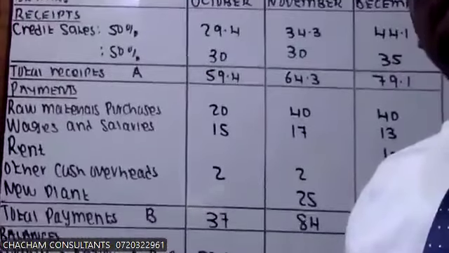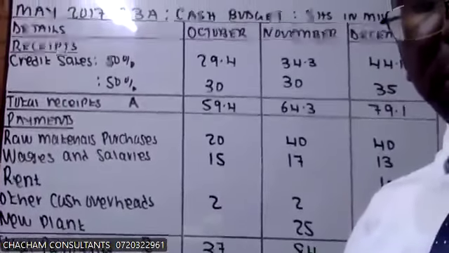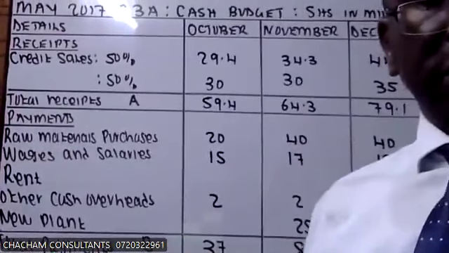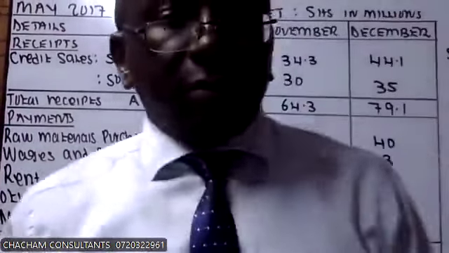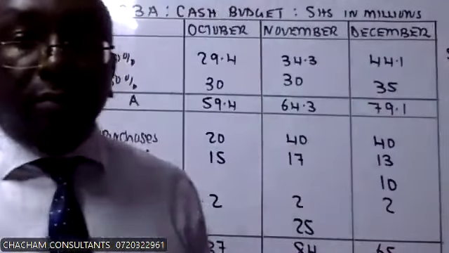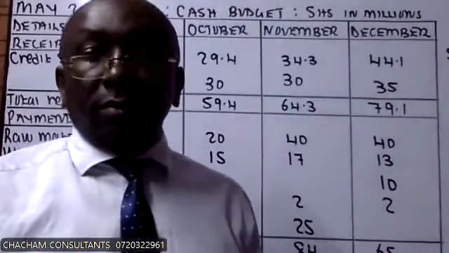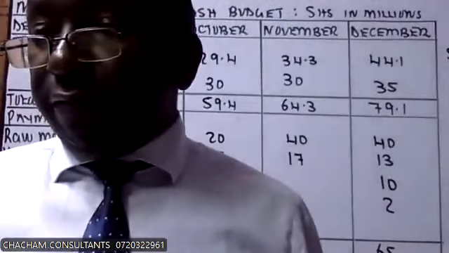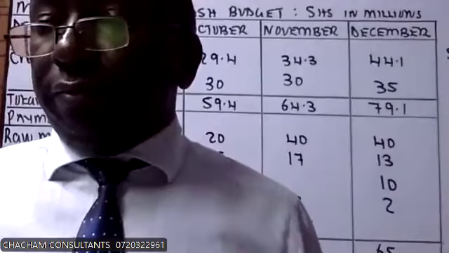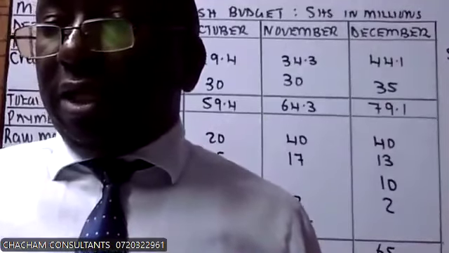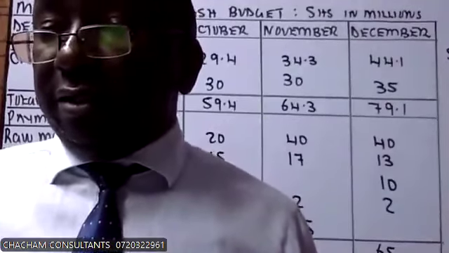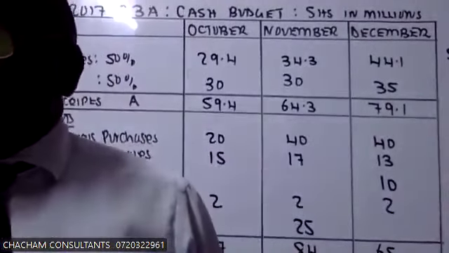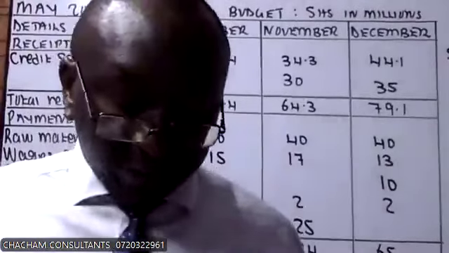I have a question. Yes. That part for credit sales, the 50-50%, where are we getting it from? It is immediately after we are given sales. There is a statement that says all sales will be made on credit. Can you see it?